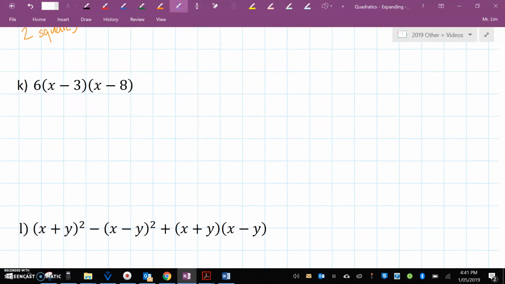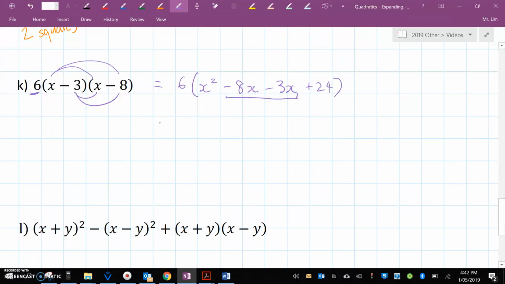Question K. I'm going to expand the brackets first using the FOIL method, and then I'll times everything by 6. So we got 6 lots of x times x is x squared. X times minus 8 is minus 8x. Minus 3 times x is minus 3x. Minus 3 times minus 8 is positive 24.